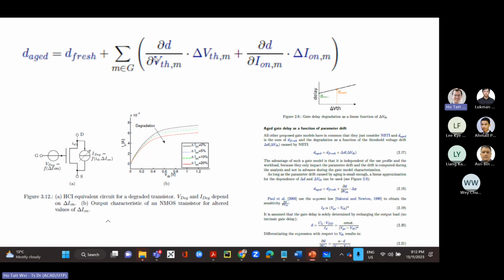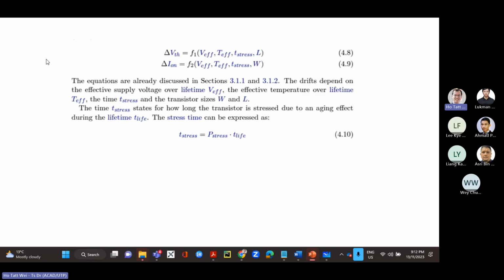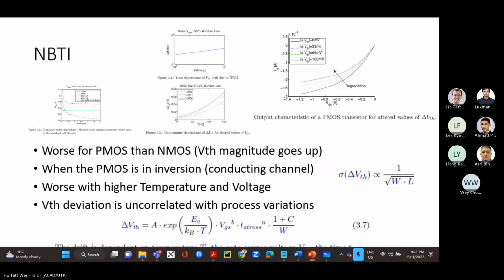So you have one d delta dVTH due to NBTI plus another d delta dVTH due to HCI. So you have two of these terms, and then you multiply by d fresh, and then you have this here. Okay, then you can get the aging value, the delay due to aging.